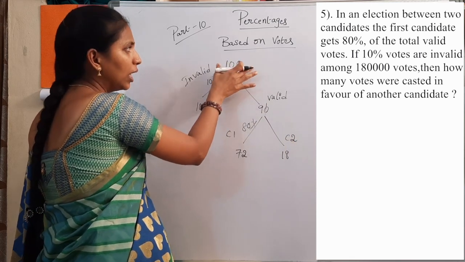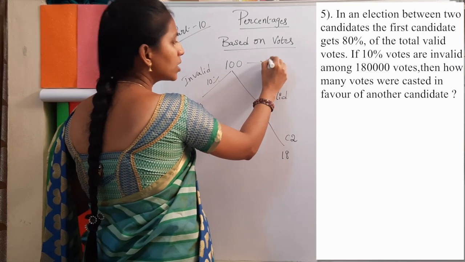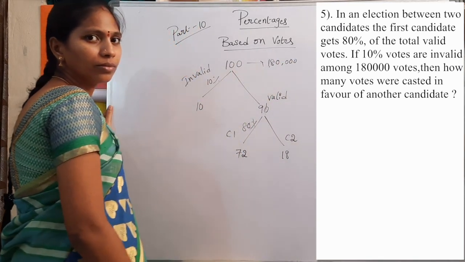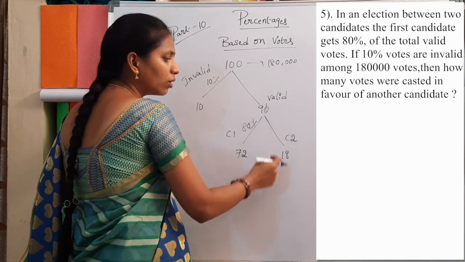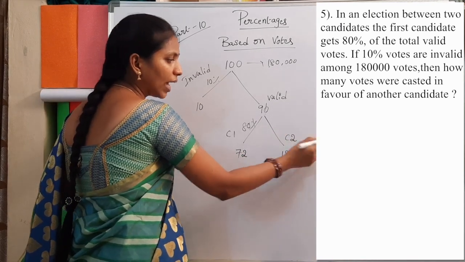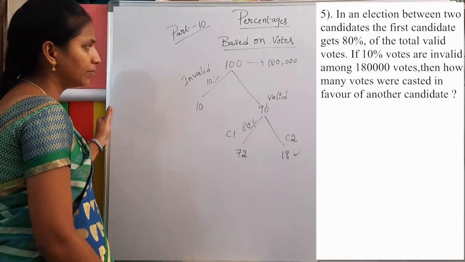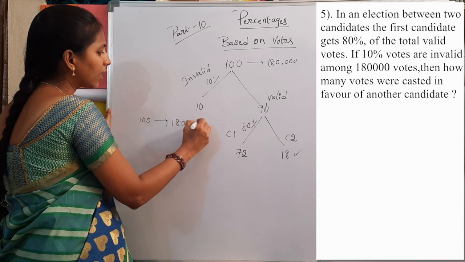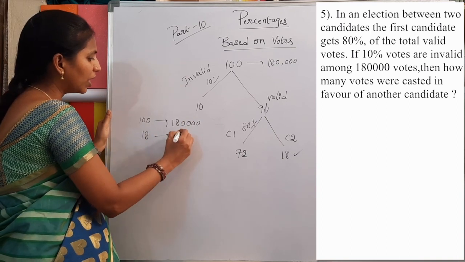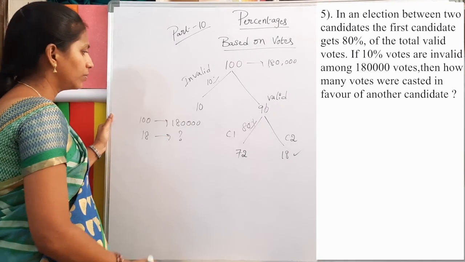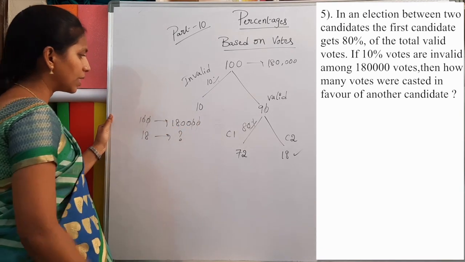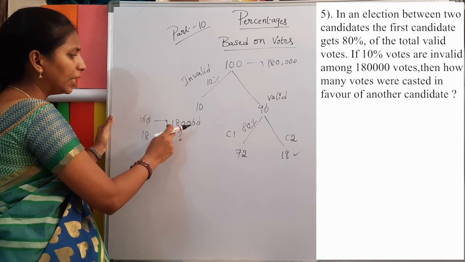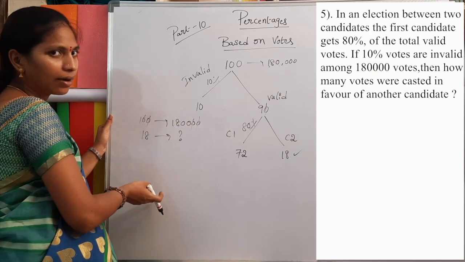What is the total? 100 corresponding value is 1,80,000, as given. Now, we have to find out the corresponding value of candidate 2, that is 18. Now, see, 100 corresponding value is 1,80,000. Then 18 corresponding value is what? The zeros get cancelled. Otherwise, cross multiply 18 into 1,80,000 by 100.